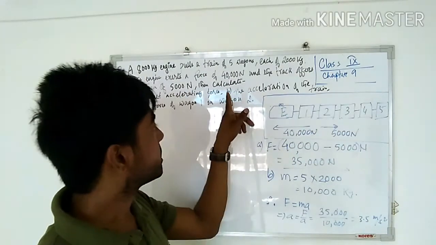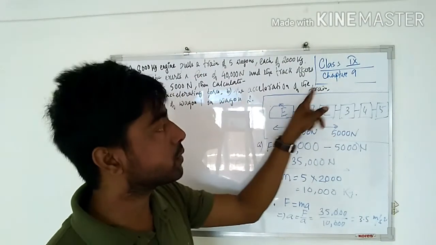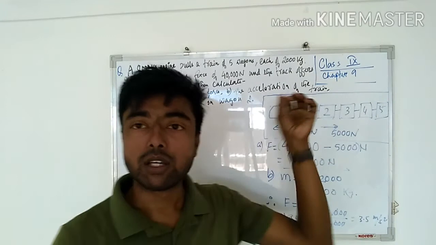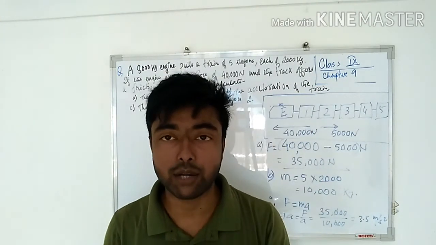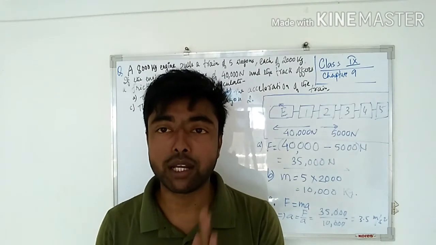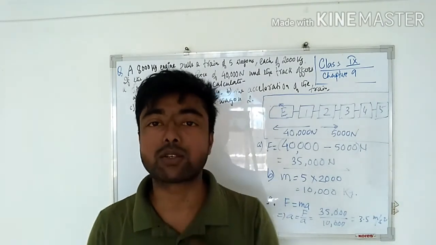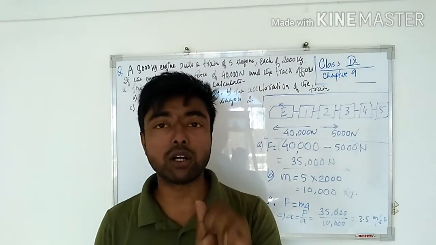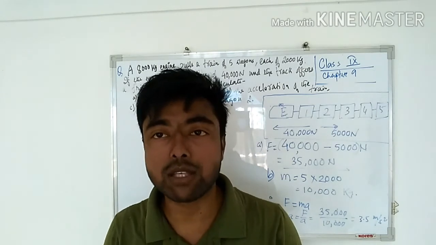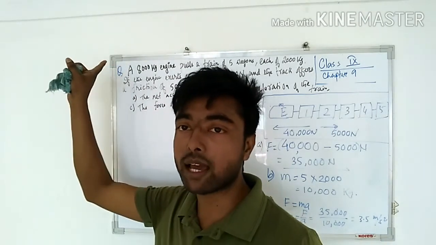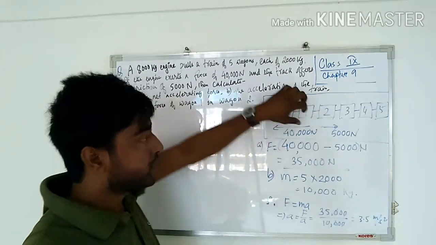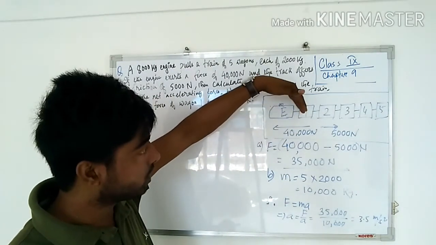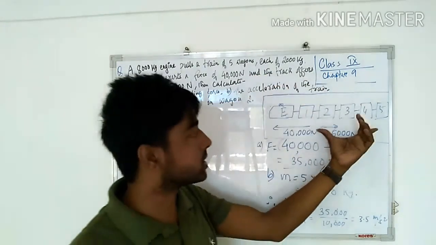See, question number B. Find out the acceleration of the train. If the question is given, find out the acceleration of the train. Listen carefully. You have to find out the acceleration of 5 wagons only. You cannot take the mass of the engine, because it is given that the engine is pulling a train of 5 wagons. So if you leave this engine, your train is this much only, 5 wagons.